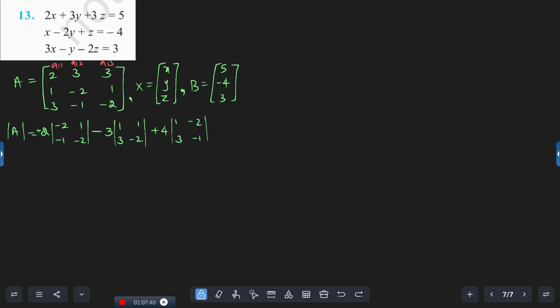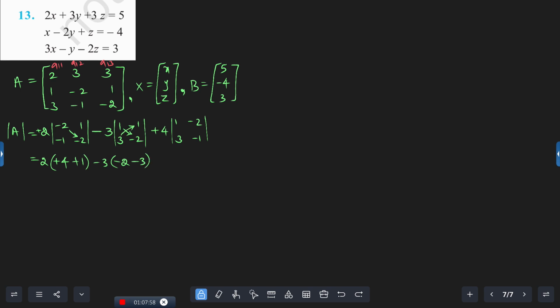So you have to simplify this. 2 times, cross multiply: minus into minus is plus, 2 twos are 4, formula minus. Minus into minus plus 1. Minus 3 times, cross multiply, 1 into minus 2, formula minus, 3 ones are 3.